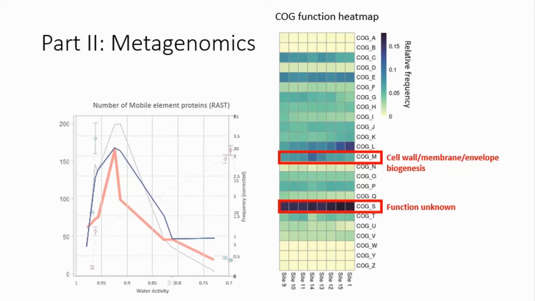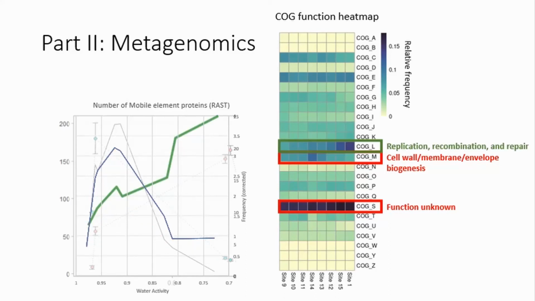So our hypothesis here is that these proteins might be the target of horizontal gene transfer, or somehow involved in horizontal gene transfer.